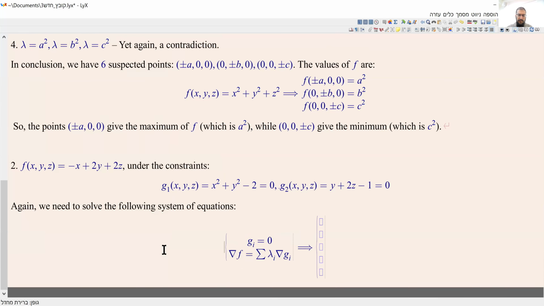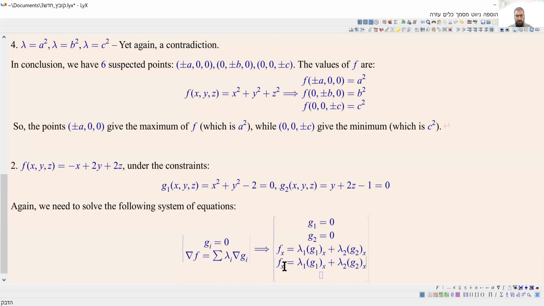First of all, g1 is 0 and g2 is 0. And then f by x, we have 2 g's here, so we need to use 2 lambdas, is lambda 1 times the derivative of g1 by x plus lambda 2 multiplied by the derivative of g2 by x. And the same goes for y and z. Copy, paste, change, repeat.